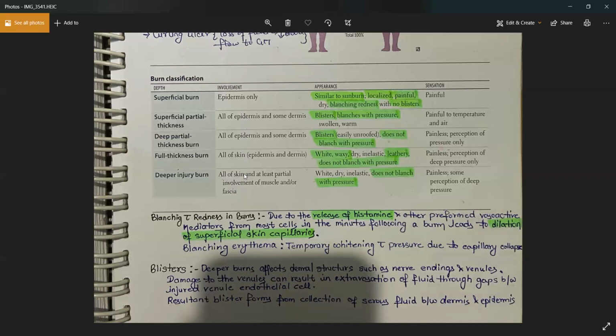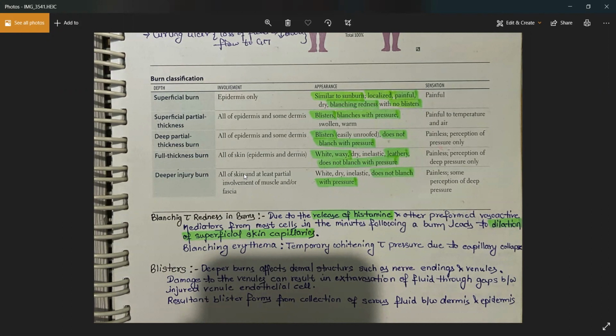And if you remember from the GI lectures, we discussed Curling ulcers, right? Because of the loss of fluid, you will have decreased blood supply to the GI tract, and you will get Curling ulcers also. They will present as a very severe type of abdominal pain.